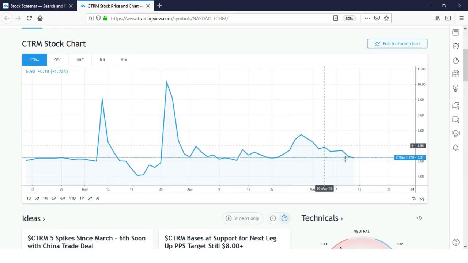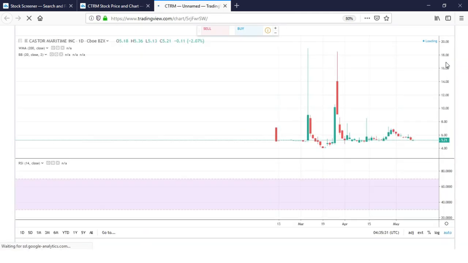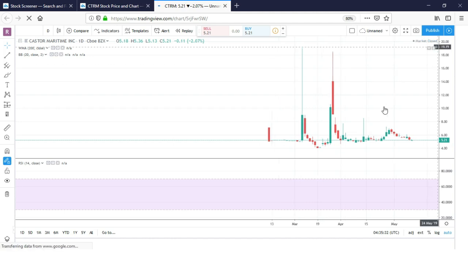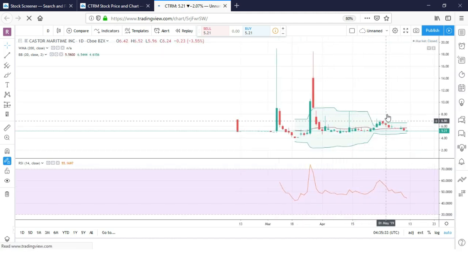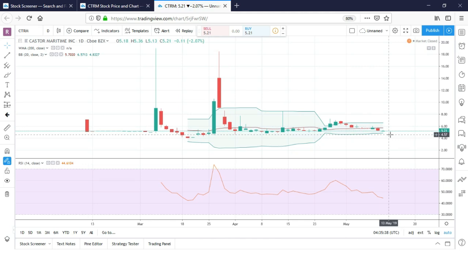Right now the price is moving downside. You can also check with the help of the full feature chart. The stock is illiquid, but in the current sense you can easily see that the price is getting reversed or wants to create a consolidation.